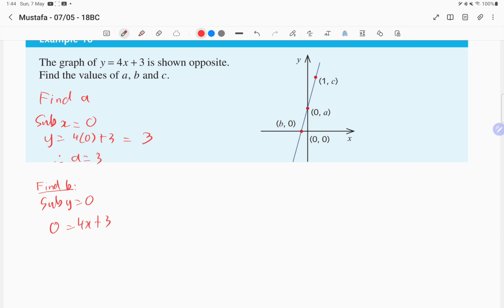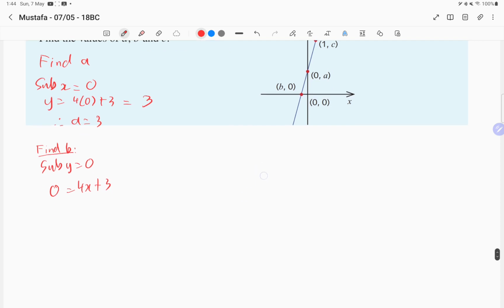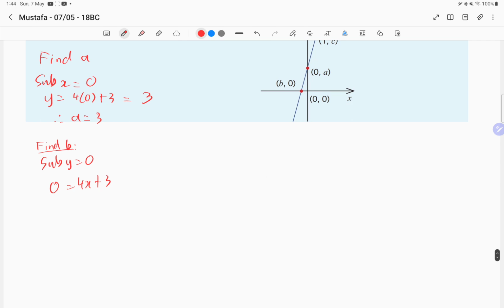So it's just solving for x. x is, isn't it B? It is B, yes. So you can technically, if you want, write 4b plus 3. Because sub y equals 0, x equals B, because the point is B, 0.